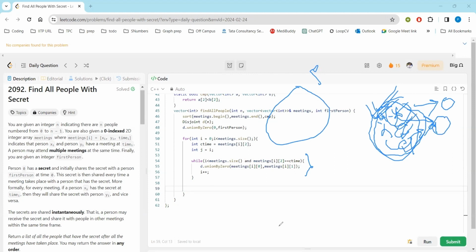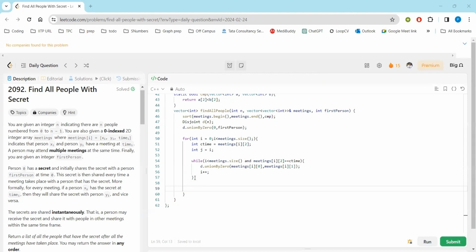So, for that, we will reiterate this while j is less than I, and we will check if this ultimate parent is 0 or not.